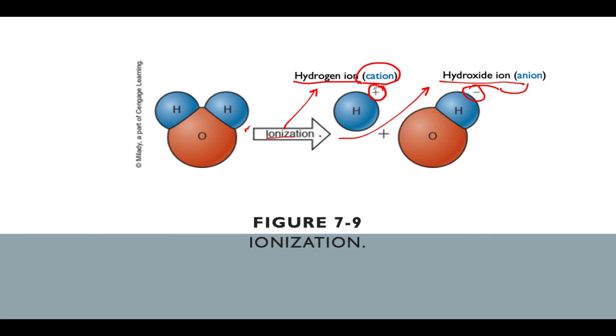A cation is a positively charged electrical particle, and an anion is a negatively charged electrical particle as well. A particle meaning a portion of the molecule that it splits into.